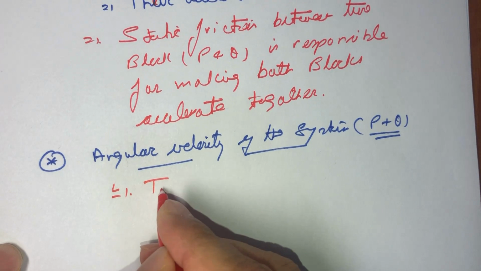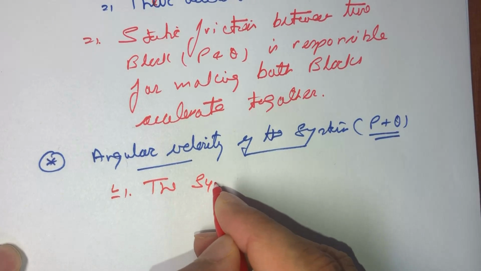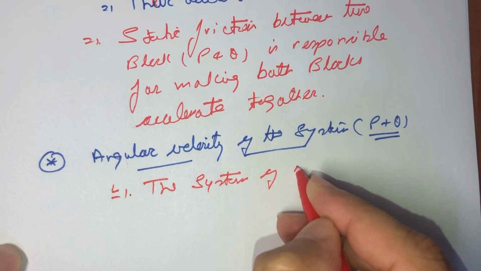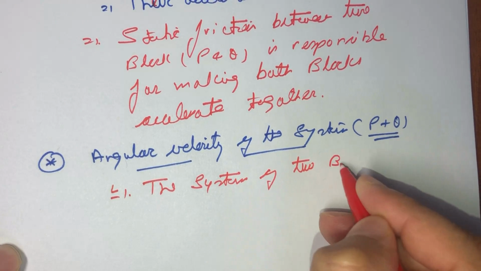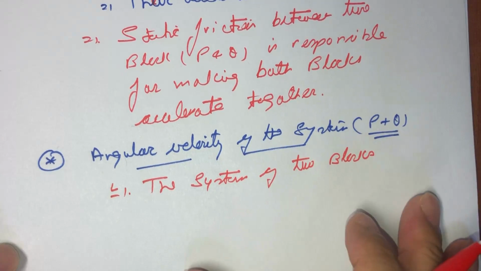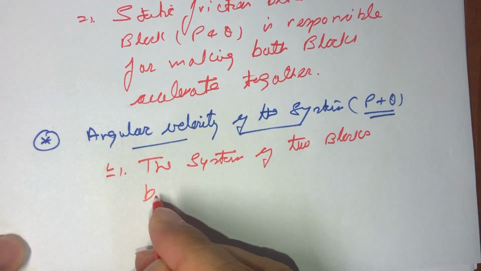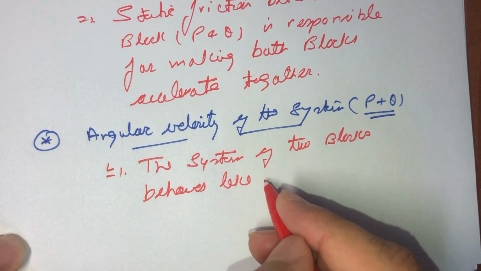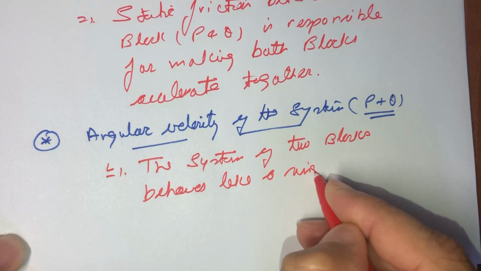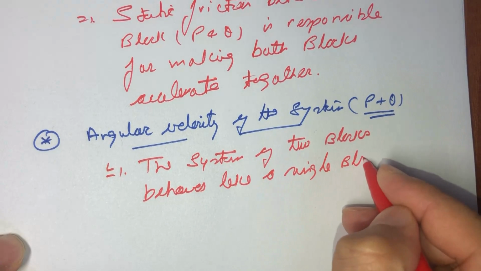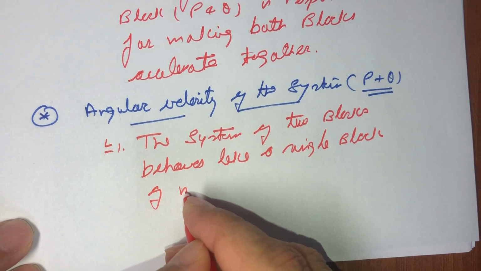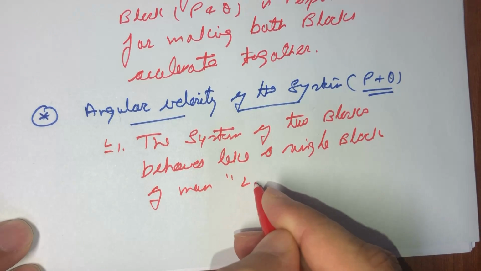You can say that the system of two blocks behaves like a single block of mass 2m.